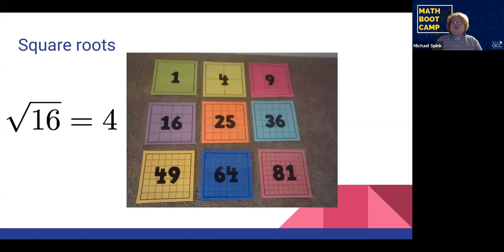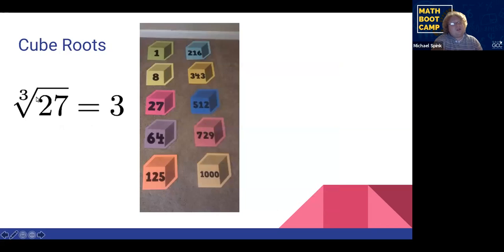Square roots then go the other way around. If exponents are looking at repeated addition or multiplication, then square roots are doing the opposite. Well, what you see here is the square root of 16 is 4. What does that mean? Square roots, you'll see as we go on to cube roots that there's a little number.